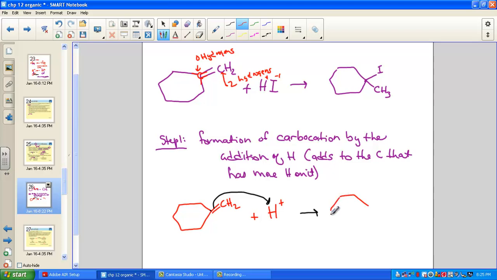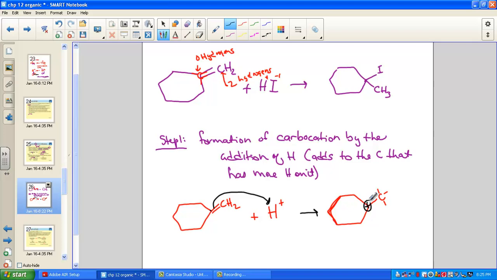Our 6-membered ring. That's a nice ring. And remember, now we have a broken bond. And we've added the hydrogen to the carbon that has the most hydrogen, and the carbocation is right here.